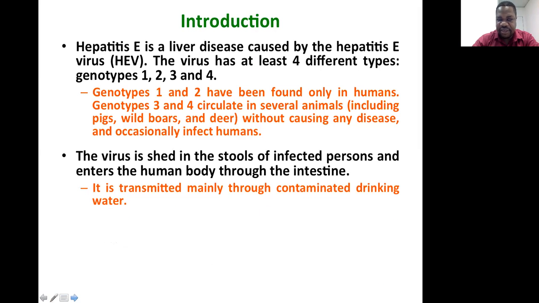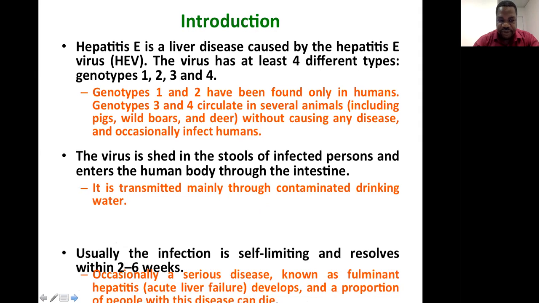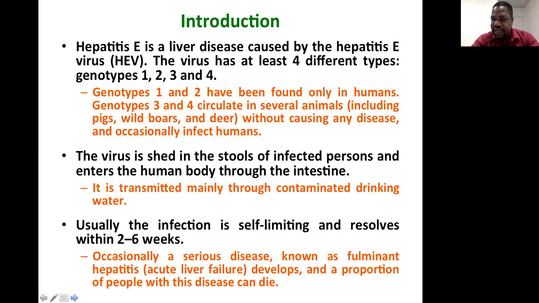So the virus is shed in the stools of infected people, and it then enters the human body through the intestine, the GIT. So it is transmitted mainly through contaminated drinking water. And usually the infection is self-limiting and it resolves within 2 to 6 weeks.